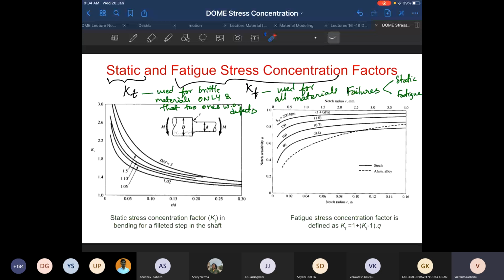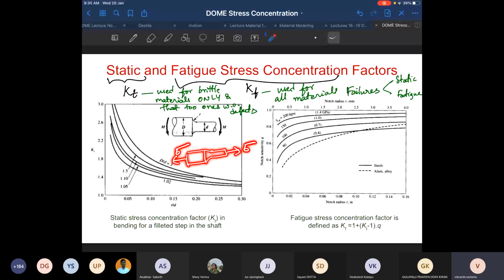So this is another way. You can either use the finite element method, or you can use graphs like this in order to get the static stress concentration factor. And remember, the graph will depend on the nature of loading, and it will depend on the geometric feature itself. For example, there will be a different graph for a fillet subjected to tension.